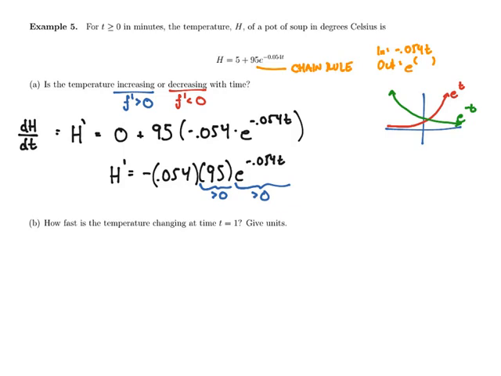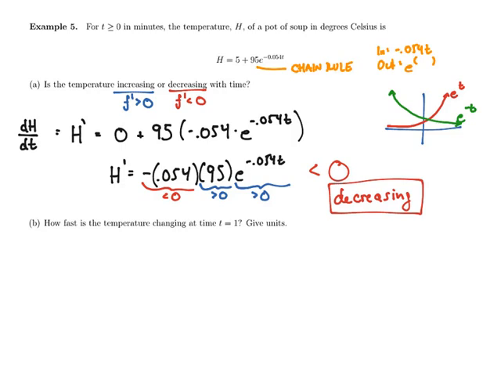And then this last chunk here, negative, is a negative number. So that means that this whole thing is less than 0. So that means that the temperature is decreasing with time, which makes sense. If we think about a pot of soup in degrees Celsius, as time goes on, it's not going to increase in temperature. It's going to decrease as it's just sitting there.